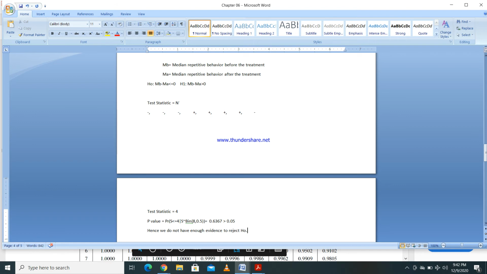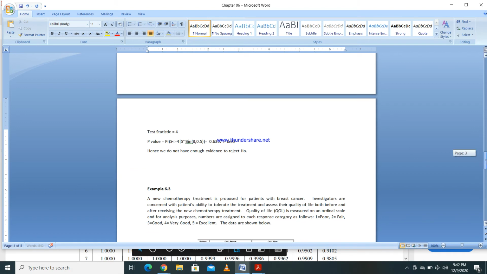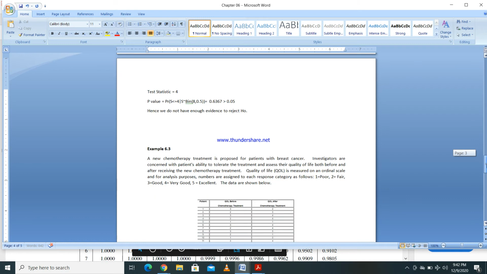That is, we cannot conclude that this new drug is effective. Just like that, it's very easy. After pairing, you have to apply the one sample sign test procedure. Nothing is different, the same thing, in order to find out about the difference between two medians.